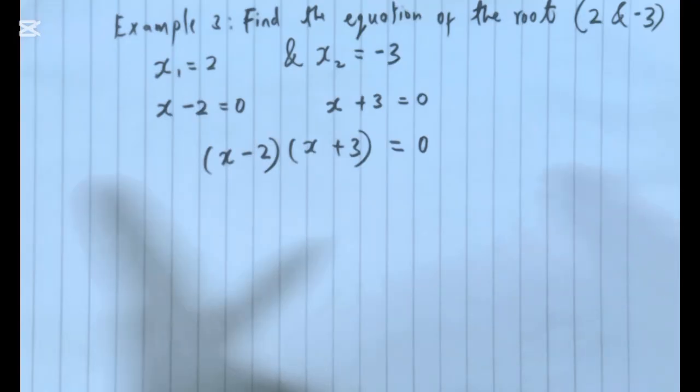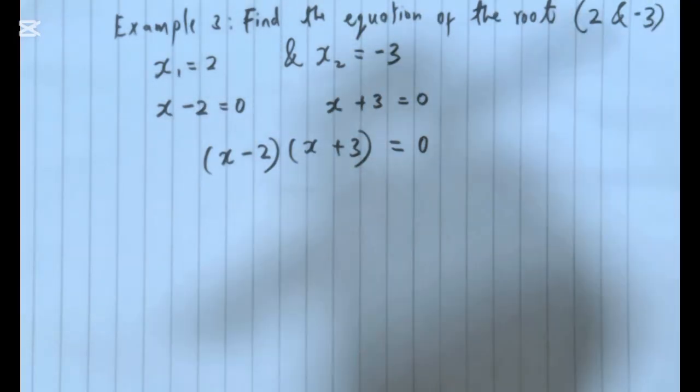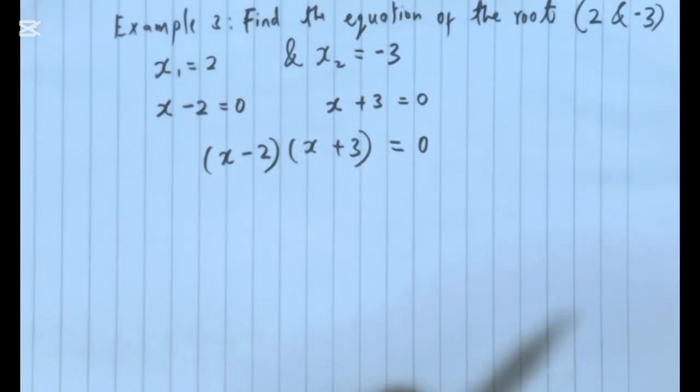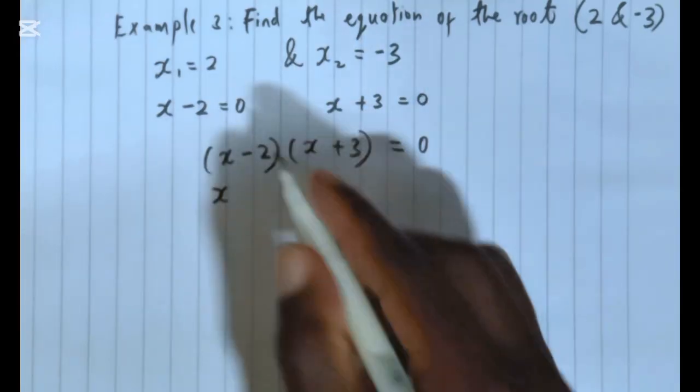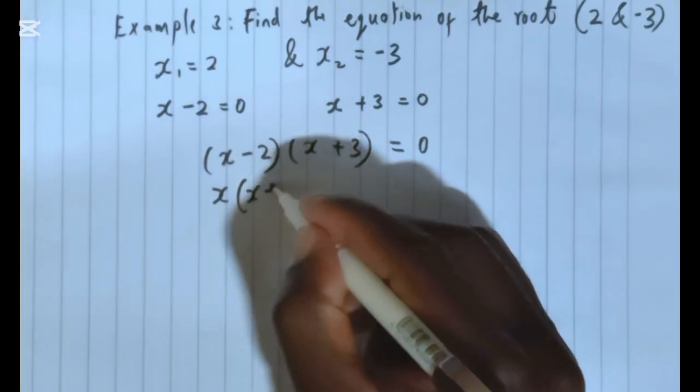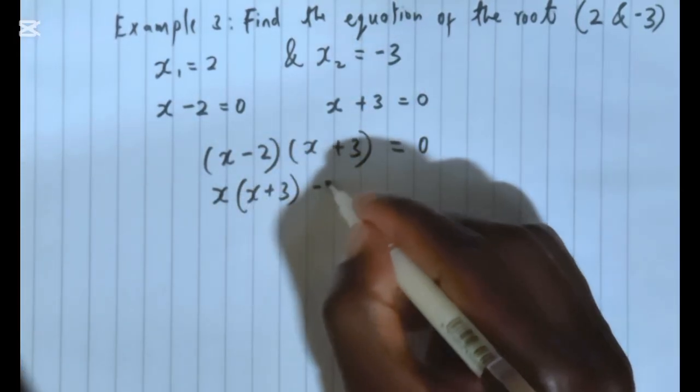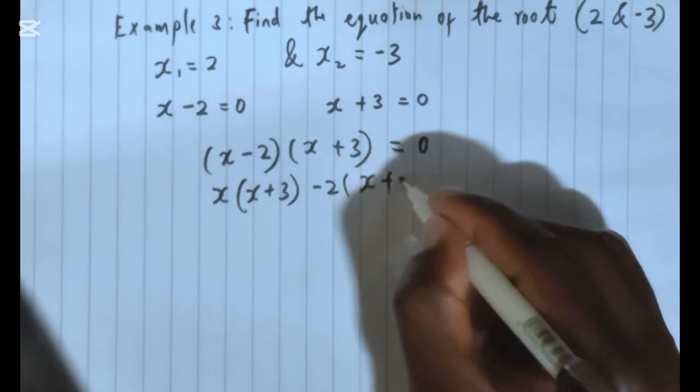And so for us to find the quadratic equation of these two roots, we're just going to expand whatever we have here. So it's going to be x into (x + 3) minus 2 into (x + 3).